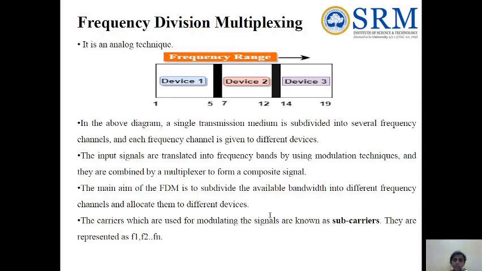The main aim of frequency division multiplexing is to subdivide the available bandwidth into different frequency channels and allocate them to different devices. In this case, the different frequency channels are called carriers, and they are represented using the denotation F1, F2 till Fn. So we have n frequency channels.